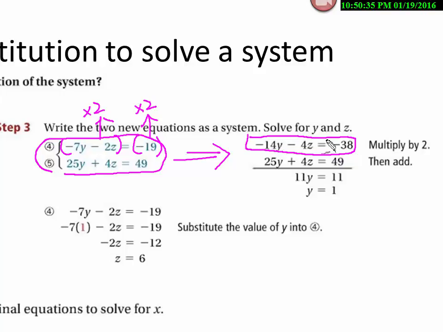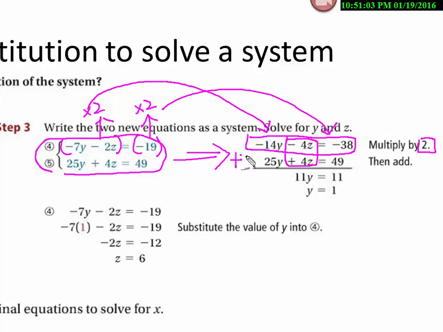That's why you end up getting 38 here. And this one, you do the distribution again, 2 times negative 7, we got negative 14y minus 4z. We didn't change anything right here because we just want to get rid of the z. That's why we multiply by 2, because 2 times 2 is equal to 4, the same coefficient right here with a different sign.